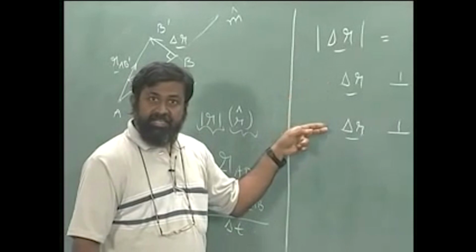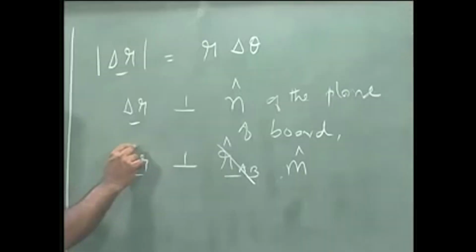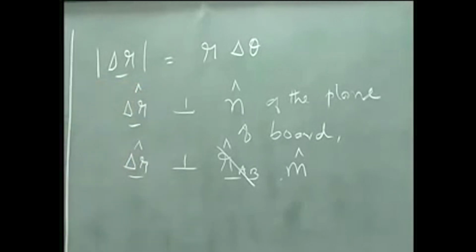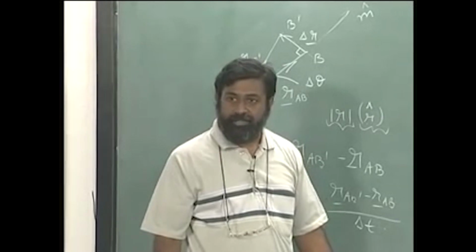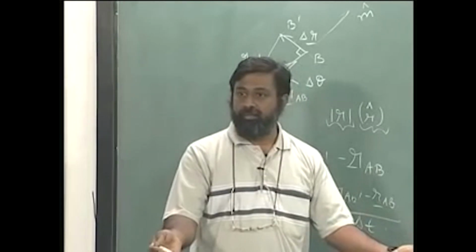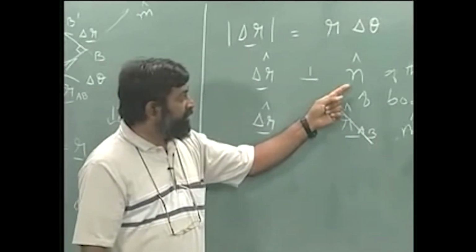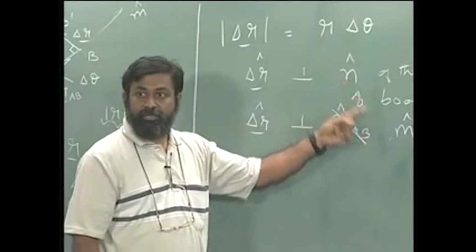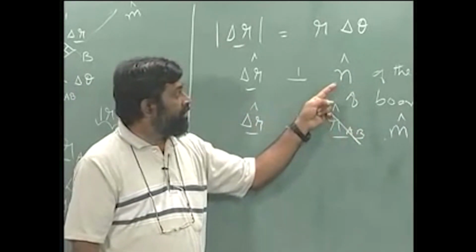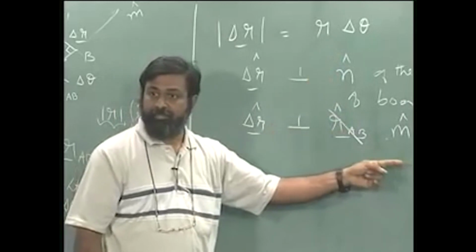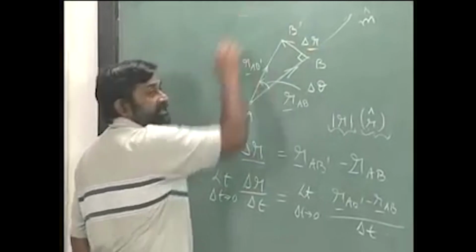If this is the case, what do you know about the direction of delta r? What would be the direction? Very simple. If I know a little bit of vector algebra, it should be related to the cross product of these two. All right. n cross m will give me delta r, with the consistency in direction.